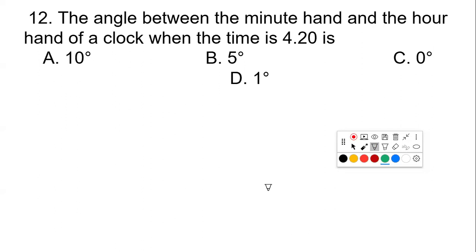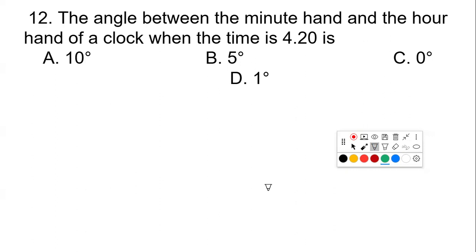What is the angle? Yeah, Yogi says 10 degree. Perfect.